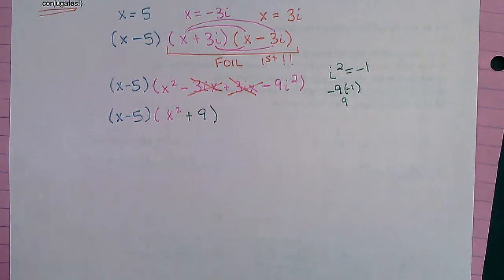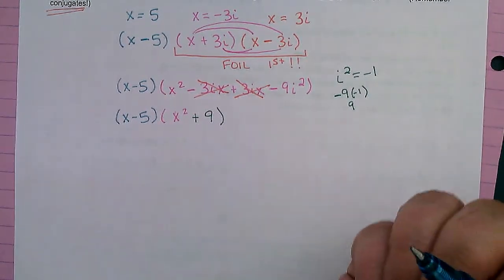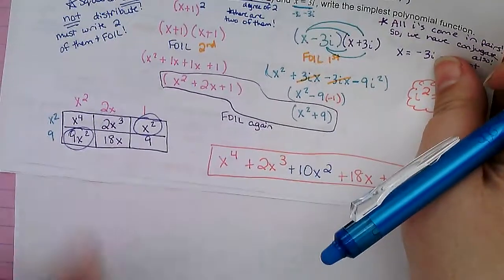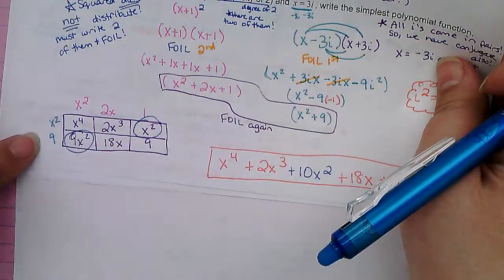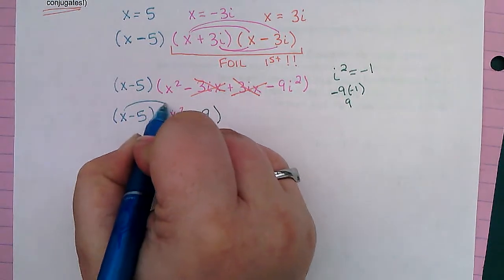And once that happens, then you can FOIL the remaining two and get your final answer. Now remember, we did do some super FOILing in a box, and so if you want to put it in a box, put one down the side and one across the top, that's fine. Since there's only two, they're both binomials, I'm just going to FOIL them.